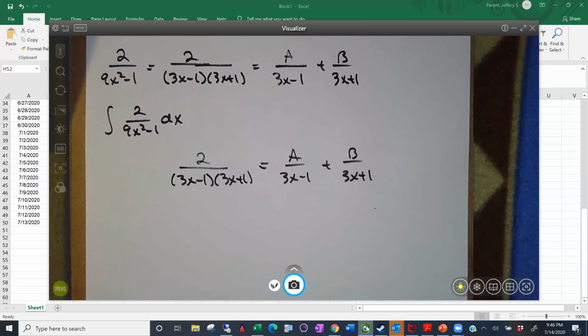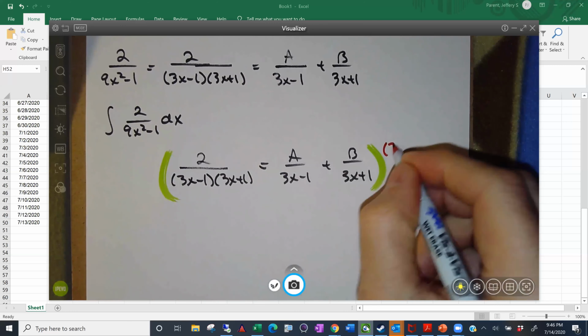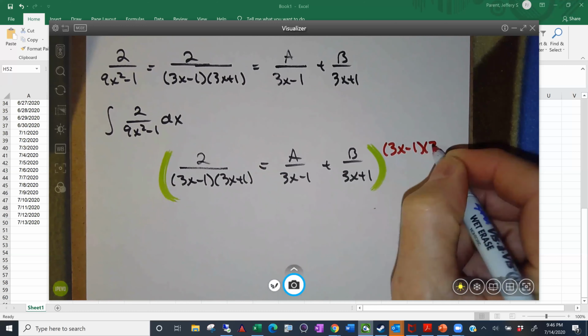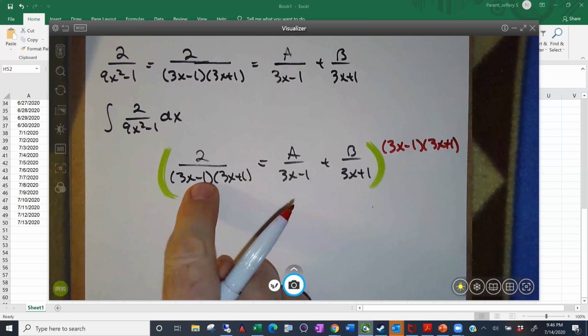Now, one thing that a lot of people don't really like is fractions. So I'll tell you what, let's get rid of the fractions. What we're going to do is multiply both sides of the equation by the lowest common denominator, which is (3x minus 1) times (3x plus 1). And this multiplies here, here, and here.